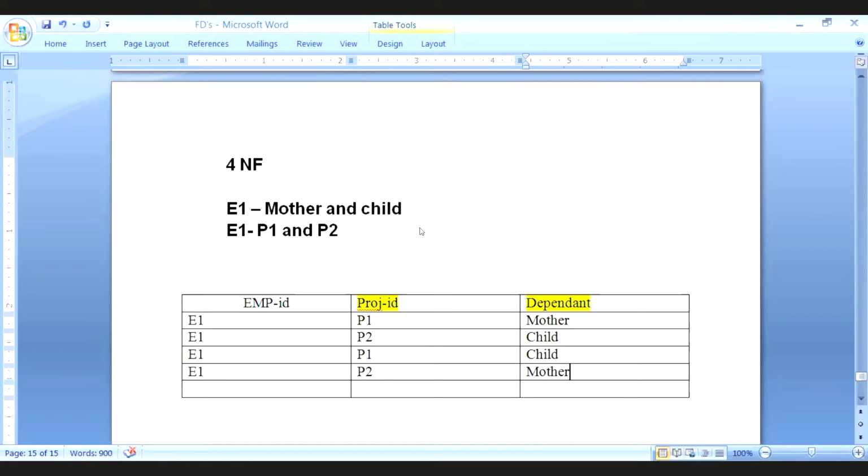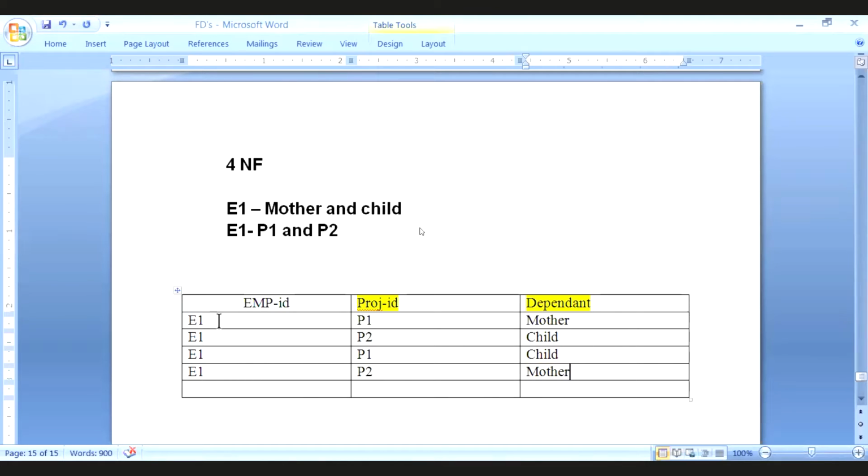Okay, so in order to get the correct information, E1 was associated with two values of project and two values of dependent. Hence, we are redundantly inserting two more records.